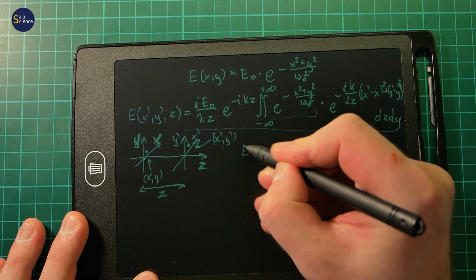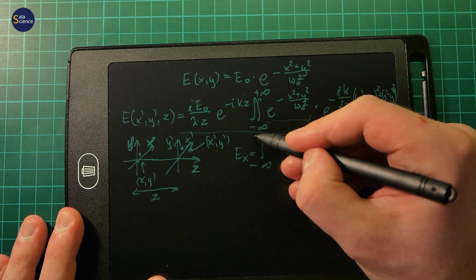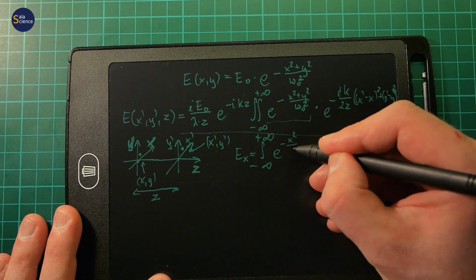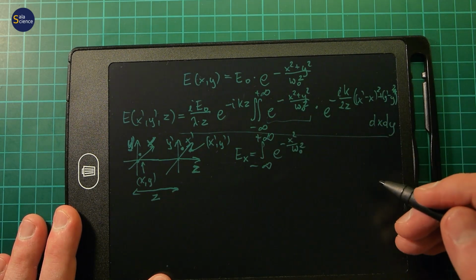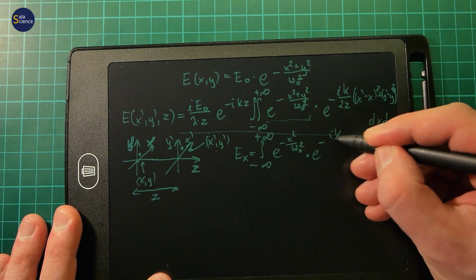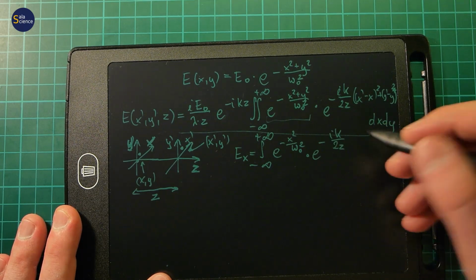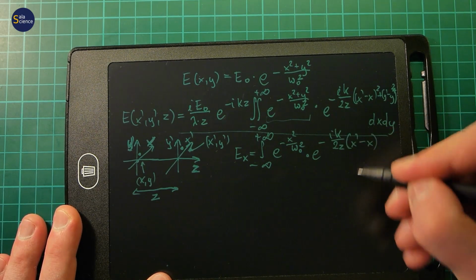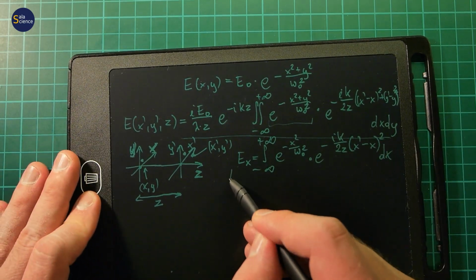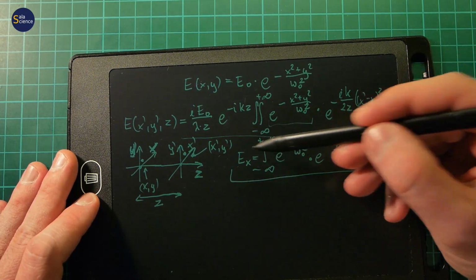So we can write that the electric field Ex equals just the integral from minus infinity to plus infinity of e to the minus x squared over w naught squared times e to the minus i k over 2z times (x prime minus x) squared dx.